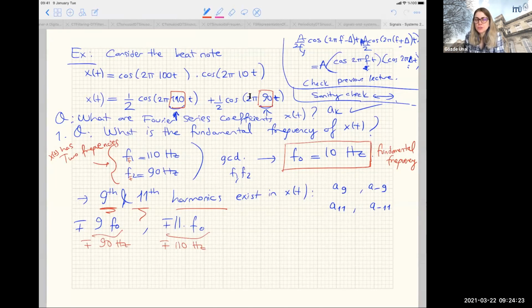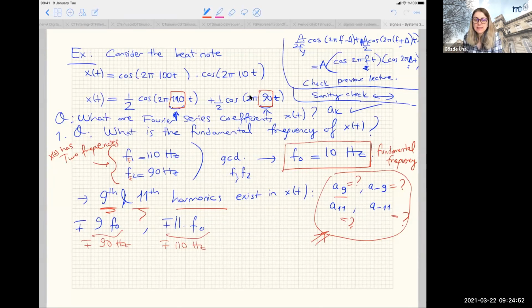Is it clear? Now I'm asking you, what are these? A9. What is A9? What is A minus 9? A11, A minus 11. What are these? Normally, one of them is sine. The same thing. Only coefficients will change. So I can let you guys tell me what these are, and I will write that here also.